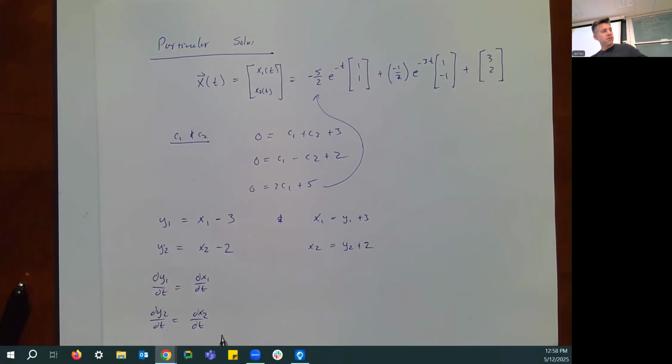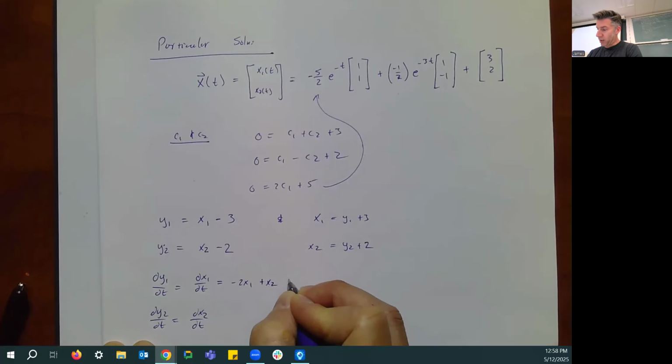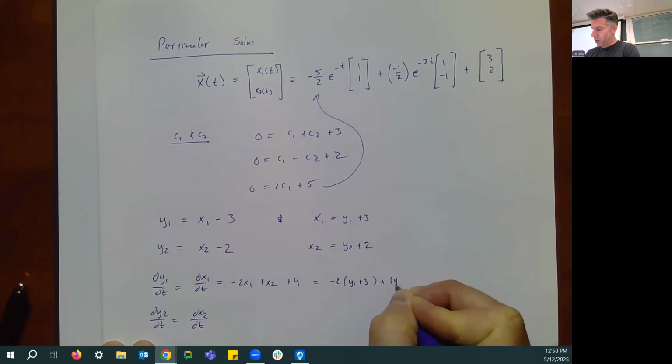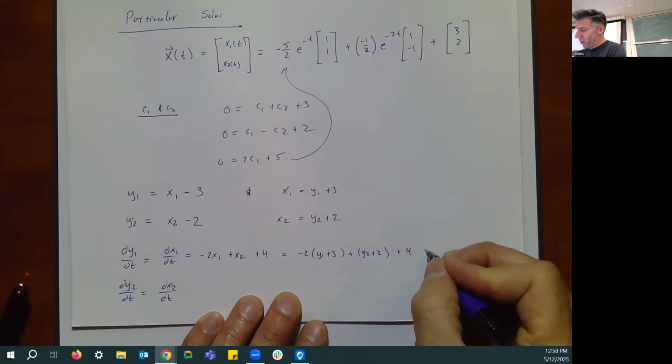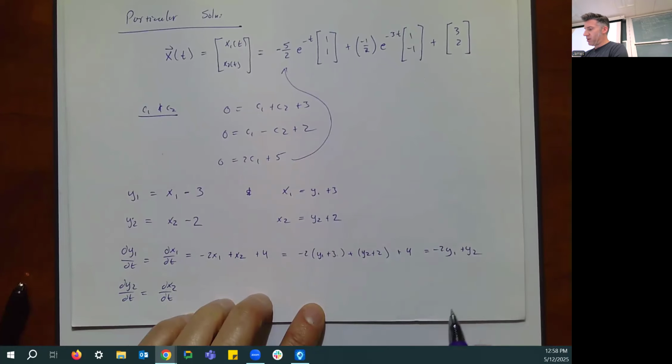Remembering that dx1/dt is equal to -2x1 plus x2 plus 4, we can plug in x1 and x2 and get -2 times (y1 plus 3) plus (y2 plus 2) plus 4. When you add it all together, you get -2y1, you get -6, plus y2, plus 2 plus 4. The -6 plus 2 plus 4 is 0.